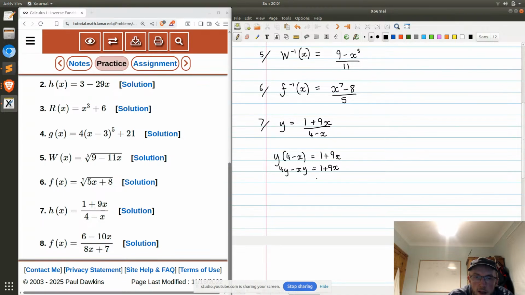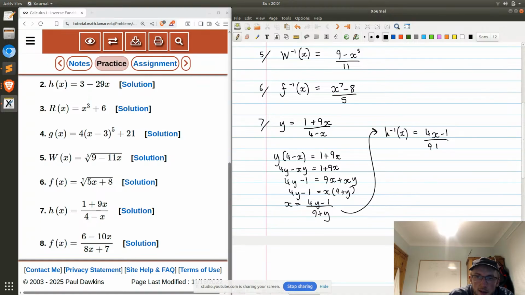I'll have 9x and xy on the right and 4y take 1 on the left. Factor out x to get 9 add y, like that. And finally divide through by 9 add y. And thus, the final answer should be 4x take 1 over 9 add x.